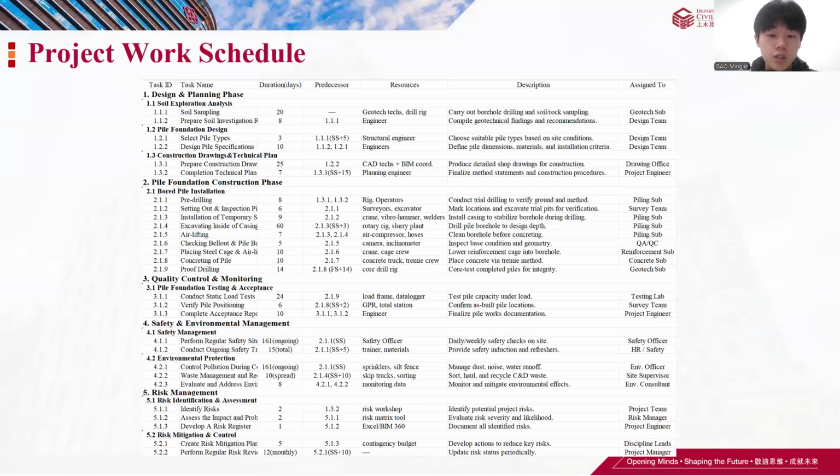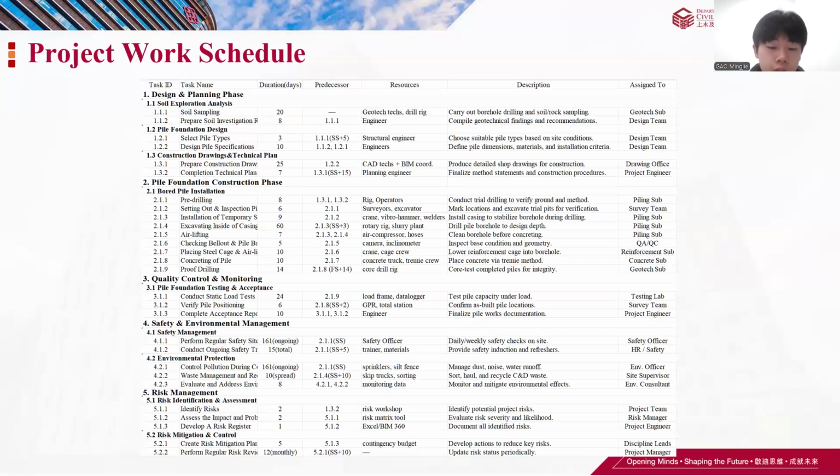For instance, the 16-day duration for excavating inside of casing was derived by considering the total volume of excavation for the reduced scale bored piles and the average daily progress rate of a modern rotary rig in challenging ground conditions.